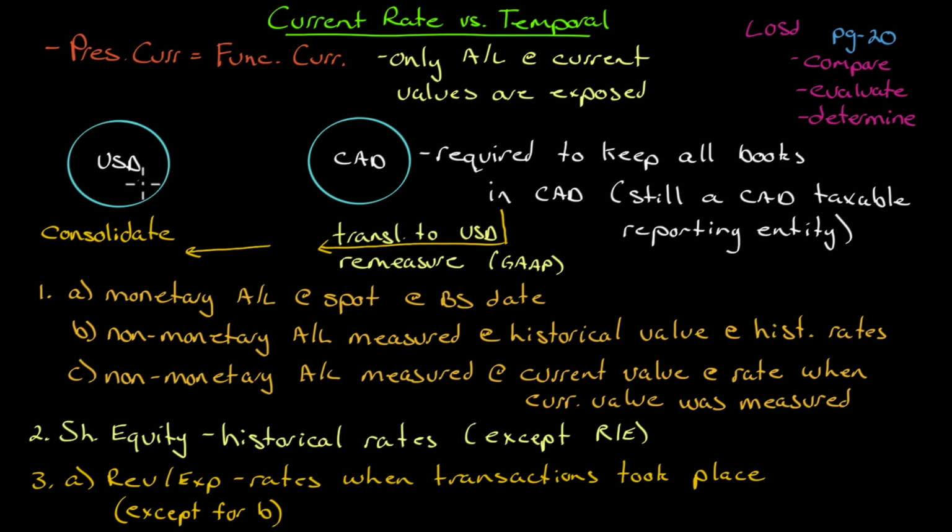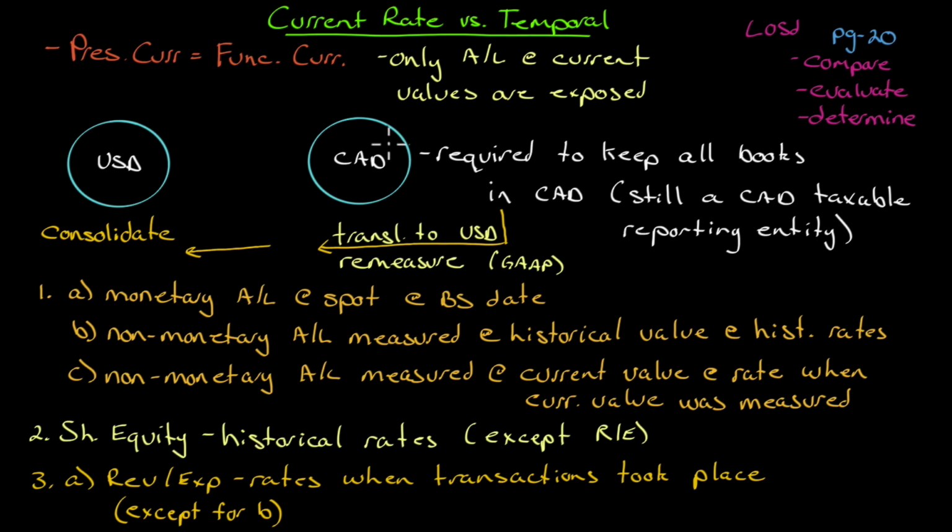So this is the situation. You have a U.S. parent and you have a Canadian subsidiary. The Canadian subsidiary is still required to keep all its books in Canadian dollars. It's still a Canadian taxable reporting entity, but its functional currency is the U.S. dollar. So the first step is to translate all of these statements at this level to U.S. dollars. So a translation to U.S. dollars, GAAP calls it a remeasurement.